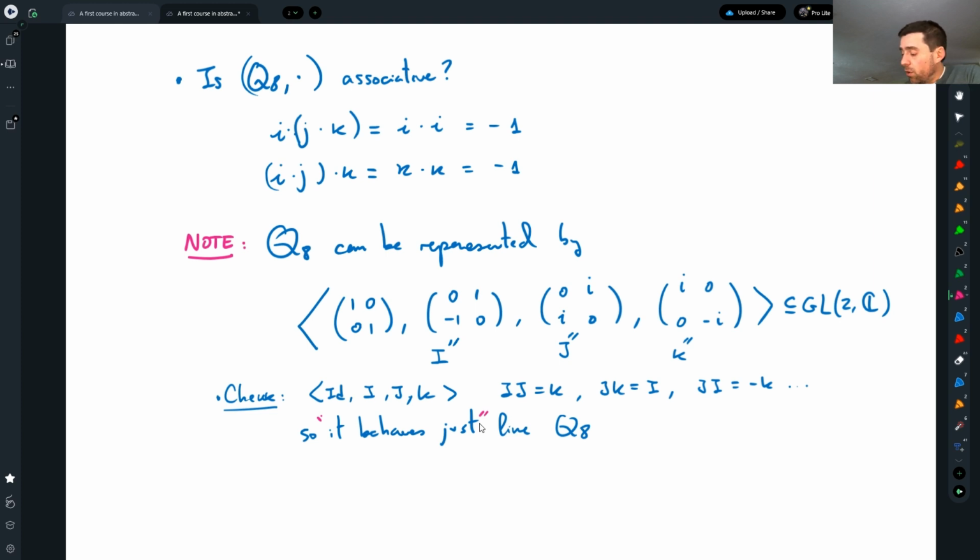But on the other hand, this group, if I call this G, let's call it G8 for the matrices. So G8 is a group, and the multiplication is associative in particular, because matrix multiplication is associative.